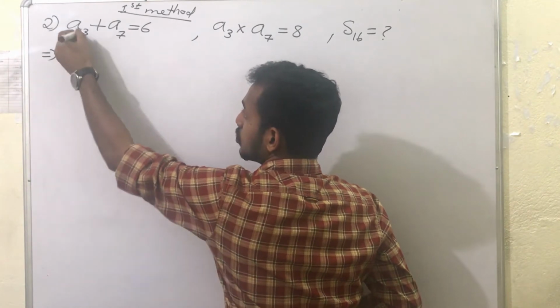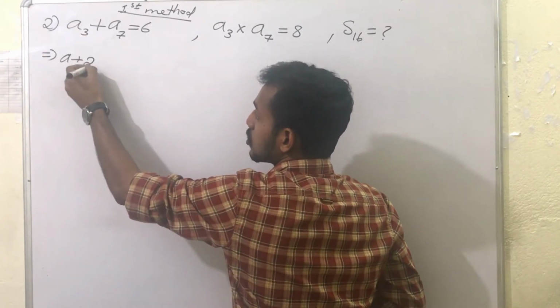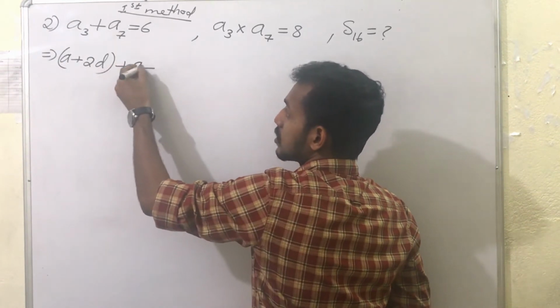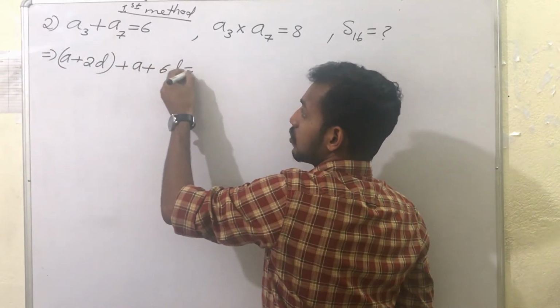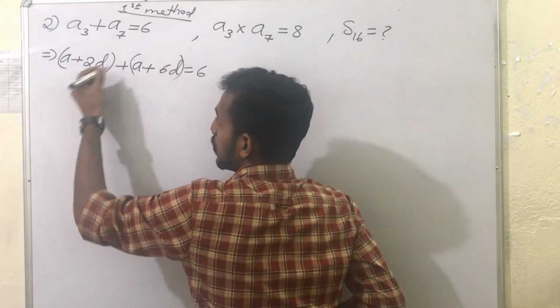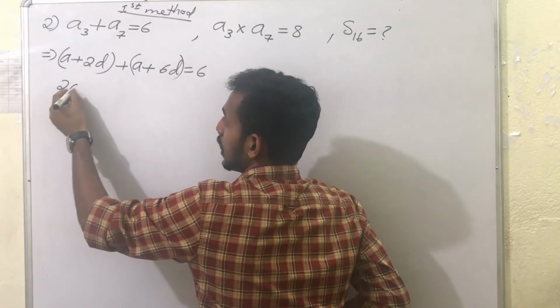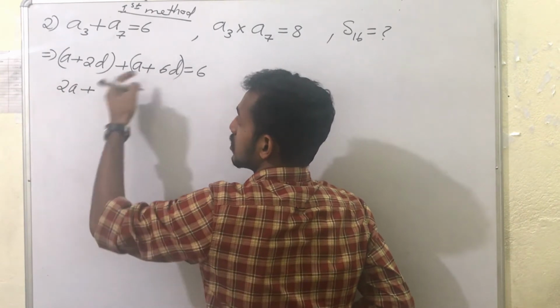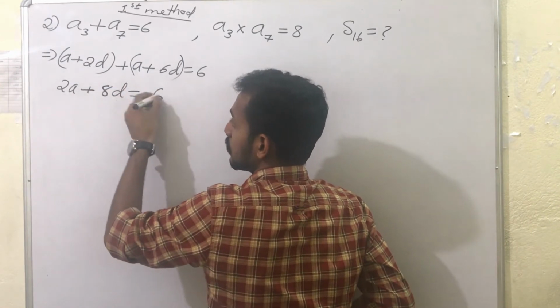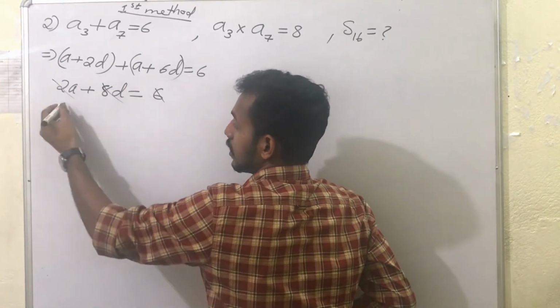What does that imply? A3, the third term, will be A plus 2D, plus A7 will be A plus 6D, is equal to 6. Now A plus A will be 2A, plus 2D plus 6D will be 8D, is equal to 6. 2 is common, cancel it.